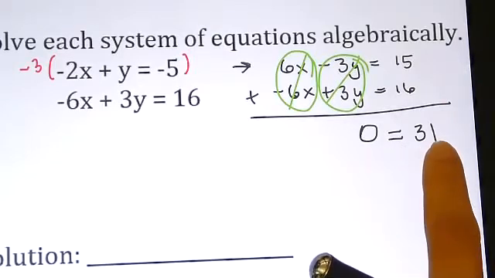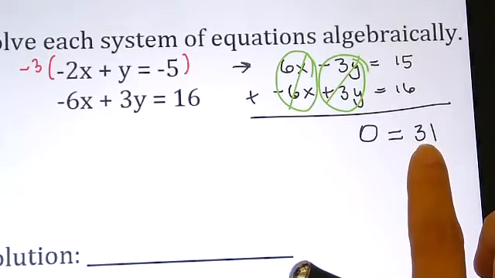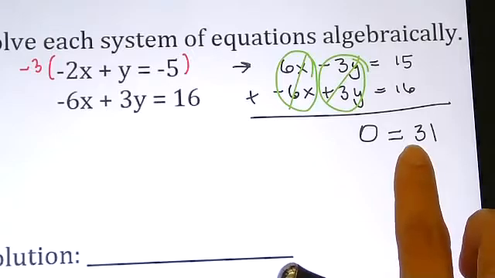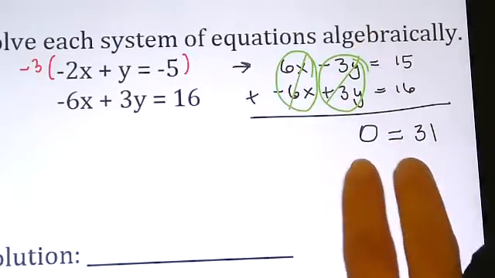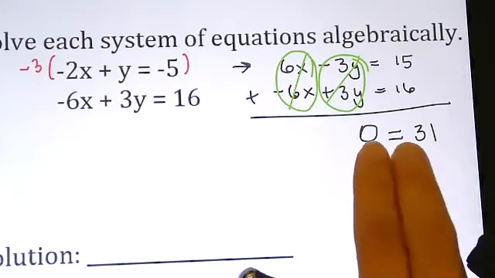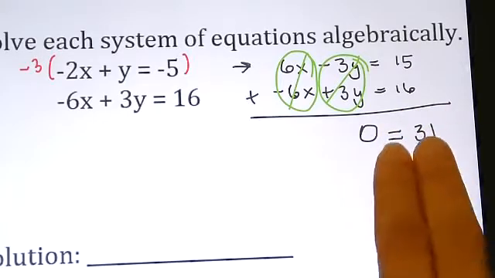0 equals 31. Is 0 equal to 31? Is 0 ever going to be equal to 31? No. So if you solve the system, you will always end up with this, that 0 equals 31. This is never true.